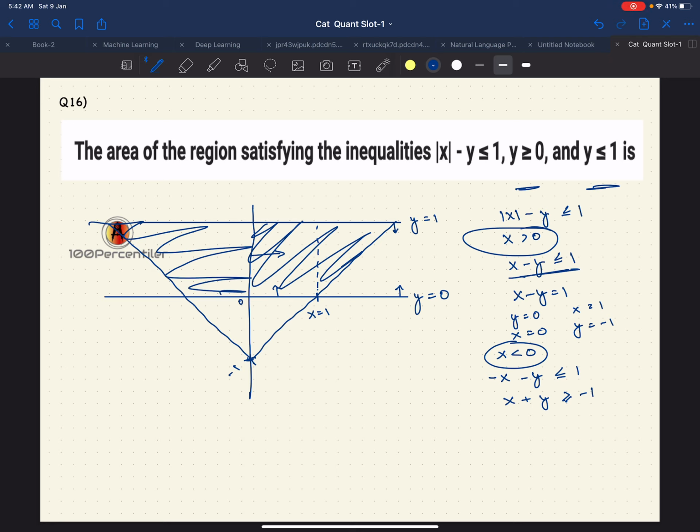Now finding the area here, this is nothing but this particular part and this particular part, and we are multiplying by 2. This is a square of side 1 and this is half of that square. So the area here is 1.5 in the shaded region, and we just multiplied by 2 because we have the same area here. Therefore 3 is the required area of the region.